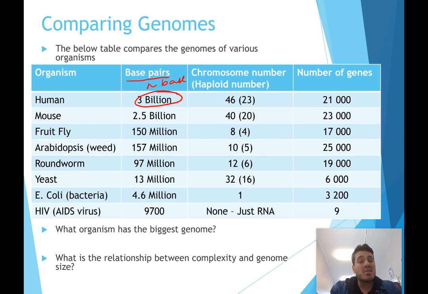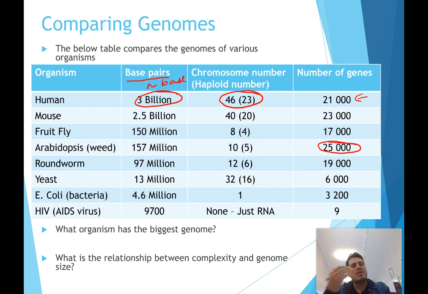And if you talk about chromosome number, us humans still have the biggest genome. But if you go on to talking about the number of genes, we have 21,000 genes, but this weed, the Arabidopsis, actually has the biggest genome in terms of number of genes.